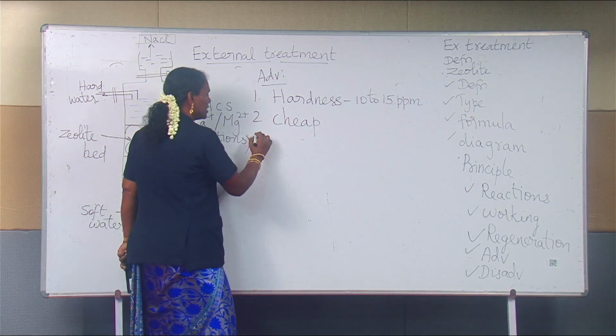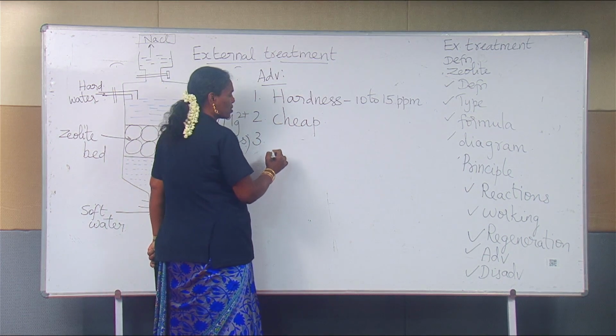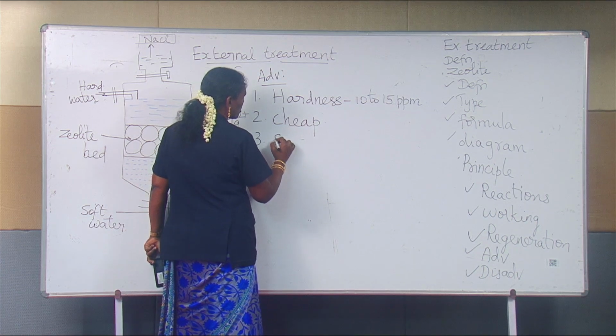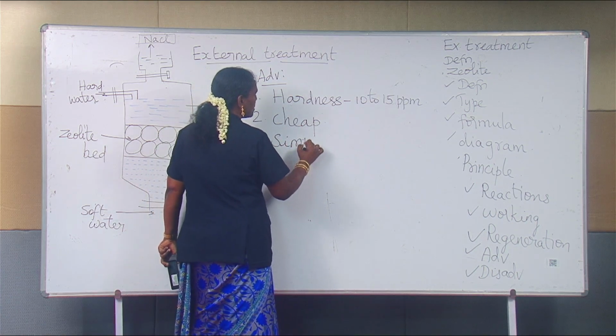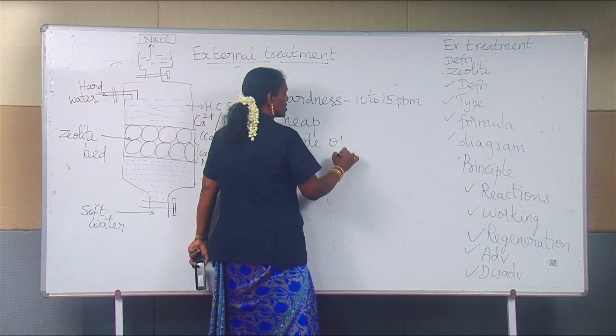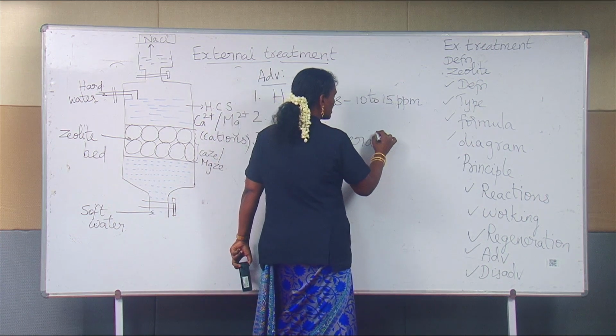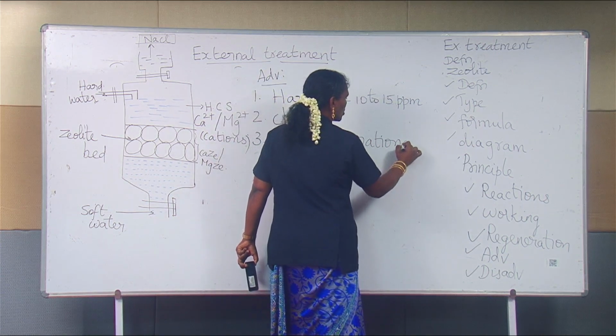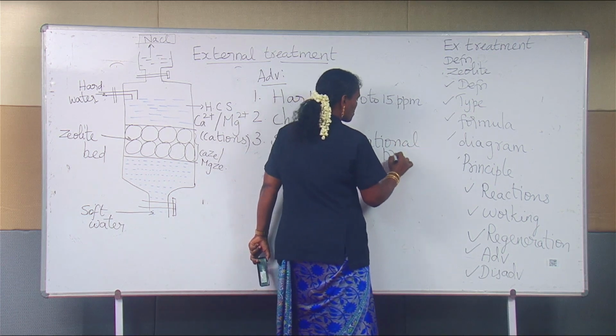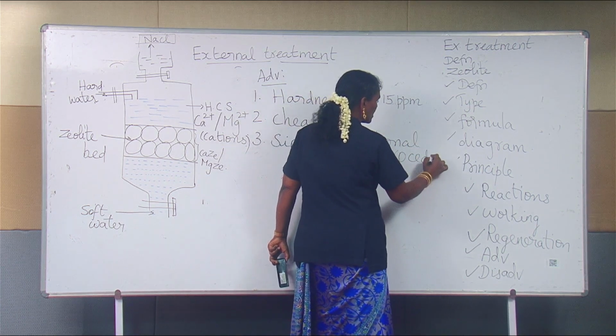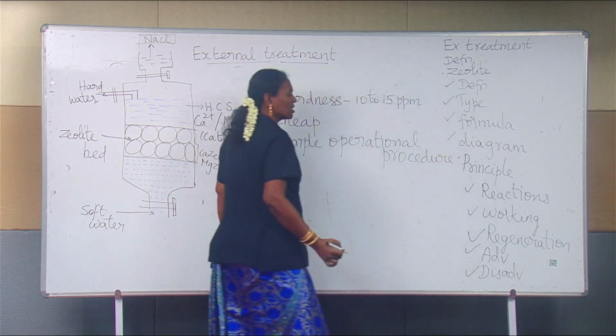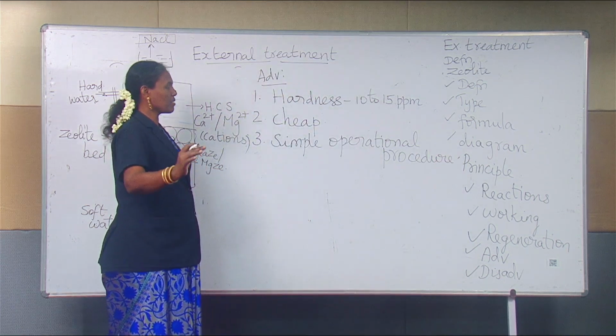Then the next one is a simple operational procedure. We are just passing the water, that's all. The adsorption process takes place automatically and it removes, loosely held ions are replaced.